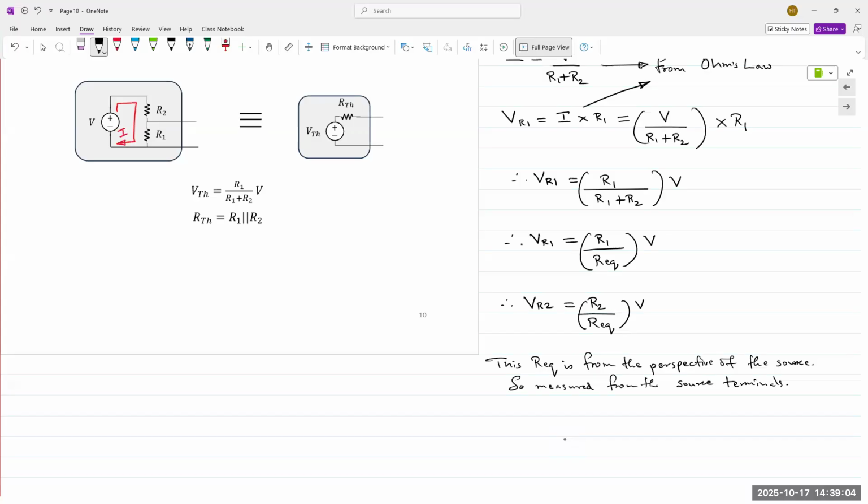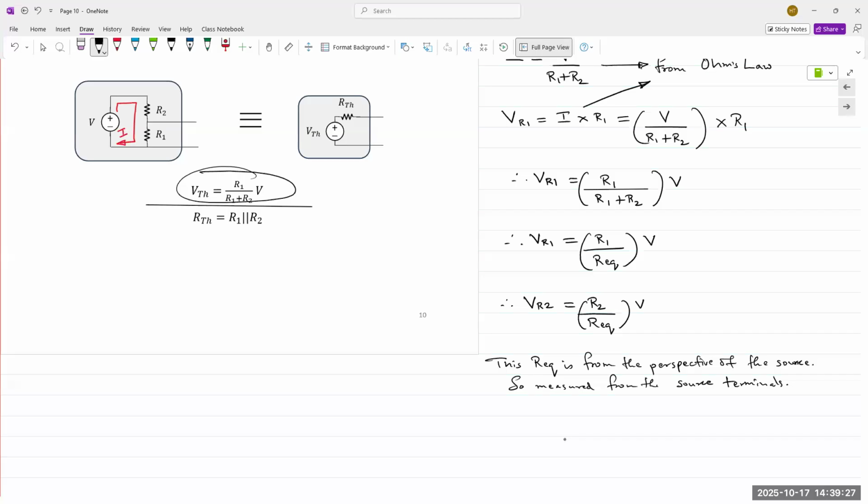It's a one-step shortcut. Instead of applying Ohm's law to find the current first and then applying Ohm's law again to find the voltage, we can have a direct shortcut where you can easily calculate the voltages in a series connection of resistors. And that is voltage division. And so VTH has this direct equation.